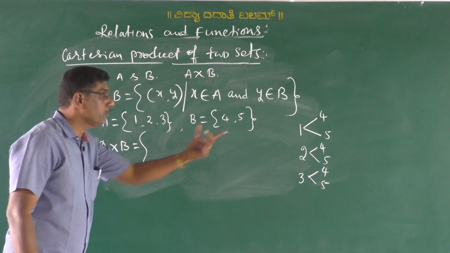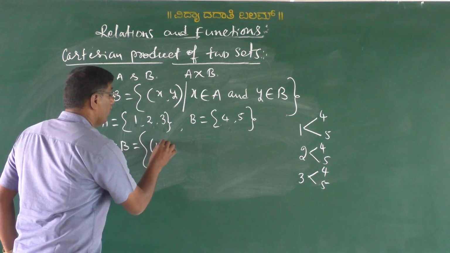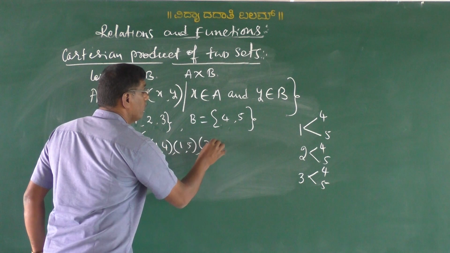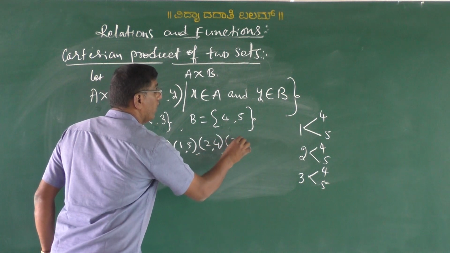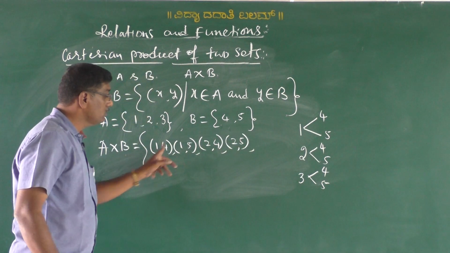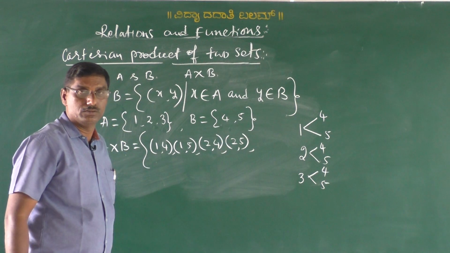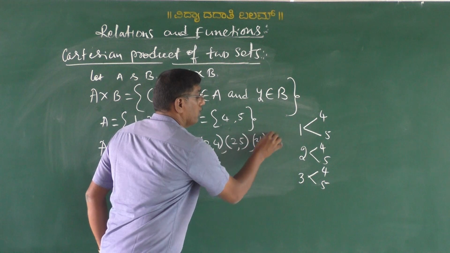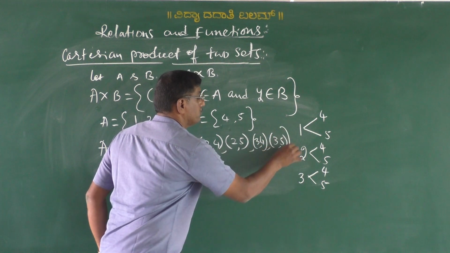Now we can write the set of all ordered pairs as 1 comma 4, 1 comma 5, 2 comma 4, 2 comma 5. These are the set of all ordered pairs. Next one is 3 comma 4, next 3 comma 5.